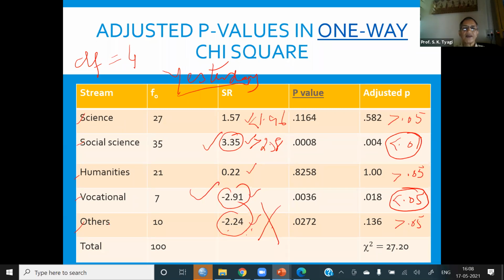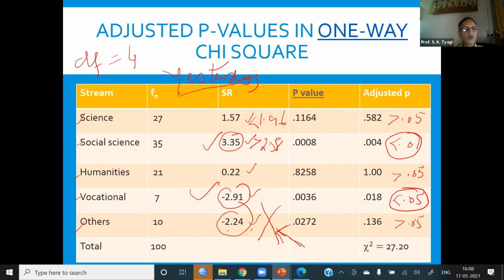We will say that social science students are benefited by this admission criteria, and this criteria works against vocational branch students. There is no significant difference for the other stream students. So this is how we are saved from making an unwise or invalid inference. This is the beauty of making this Bonferroni adjustment.